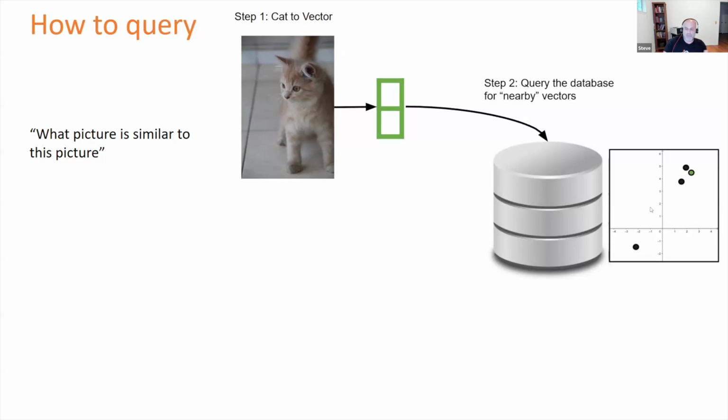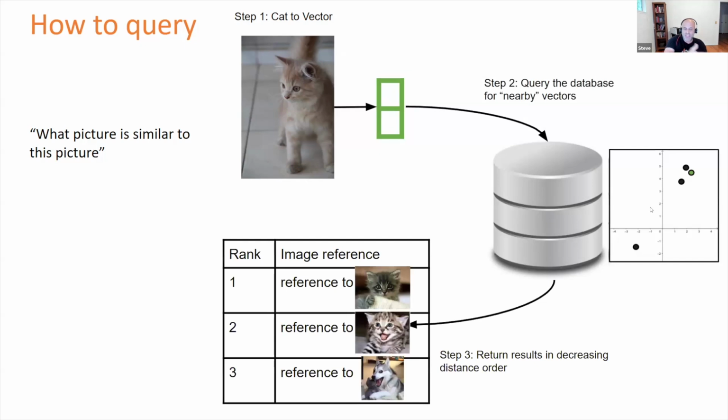And so what should happen is we should say, oh, these are the things that are similar to what you asked for. And what it's going to give you back is a ranked list, usually based on distance. And, as Paul is often quick to point out, do not store the image in the database.